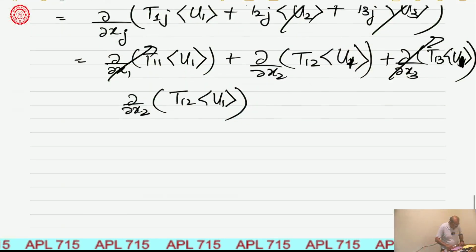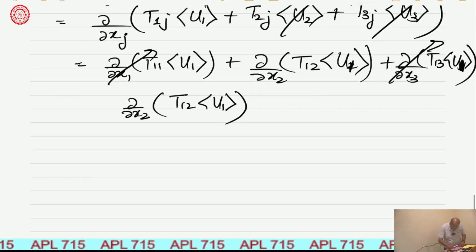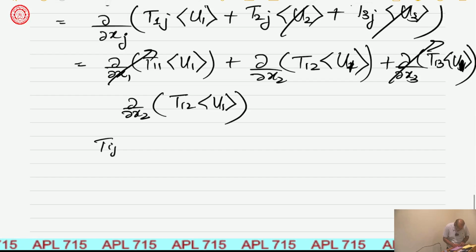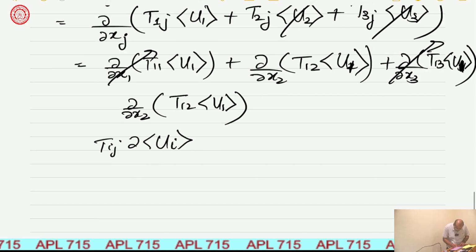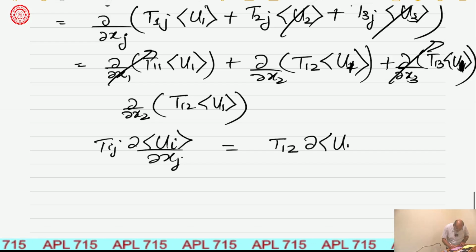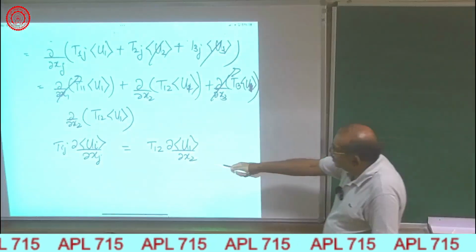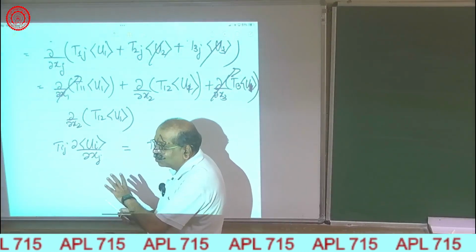So similarly, the first term and Tij. And since all of you are saying this is straightforward, this comes by putting i equal to 1 and j equal to 2.